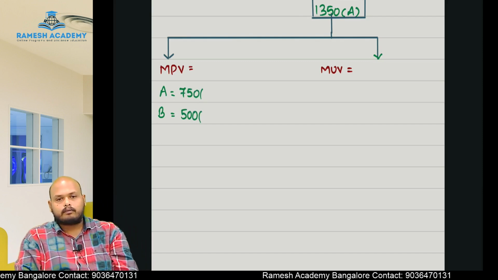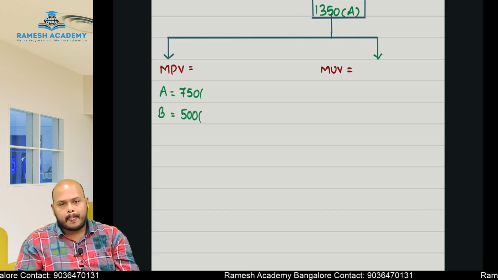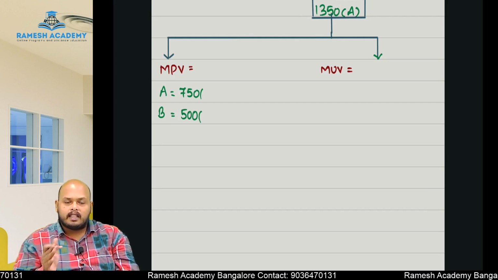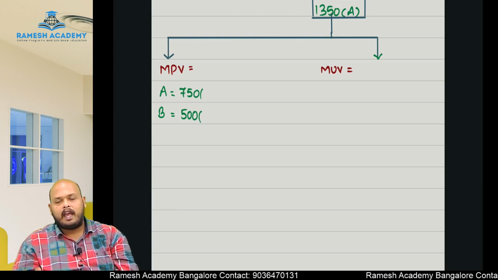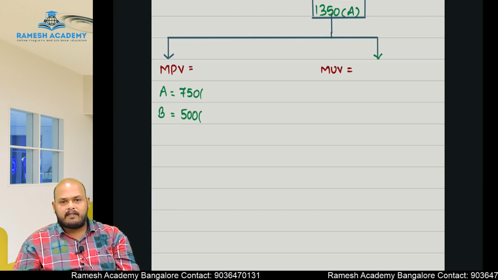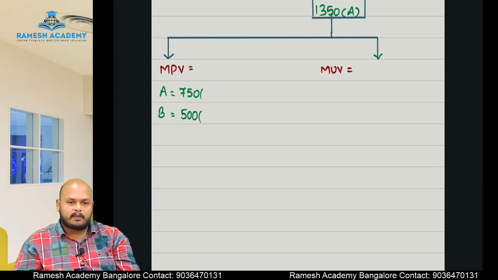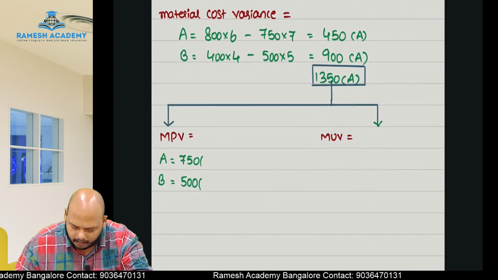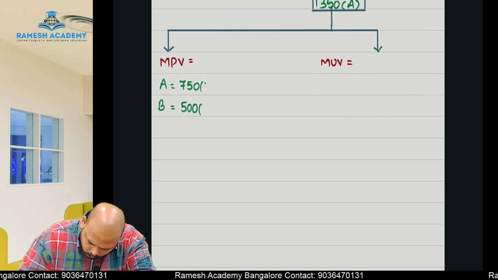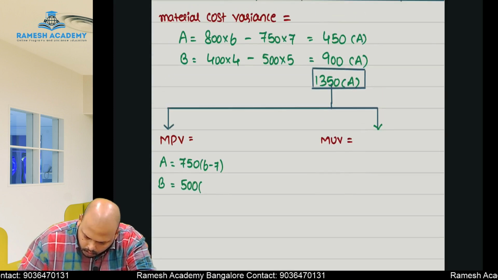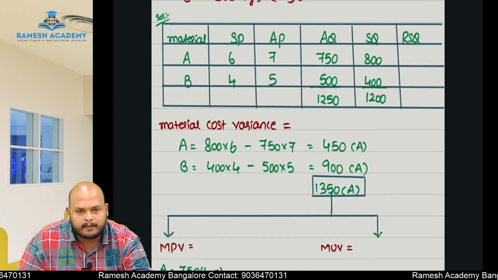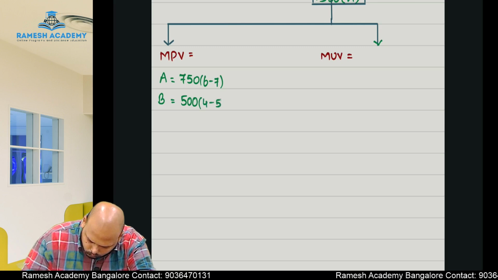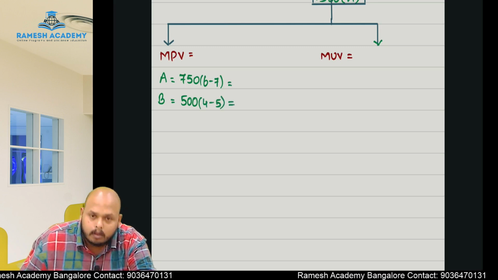A is 750, B is 500, into price variance. Price variance means the difference between the standard price which we expected minus the actual price. What is the standard price? 6 rupees we expected. What is the actual price? 7. 6 minus 7. What is the standard price we expected for B? 4. Actual is 5. 4 minus 5.